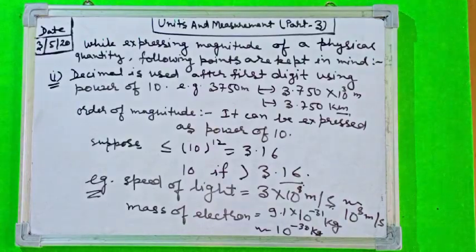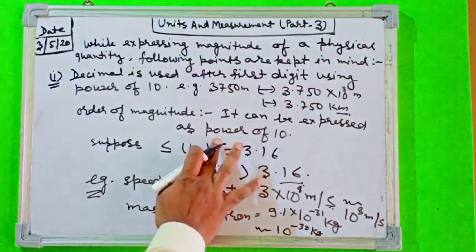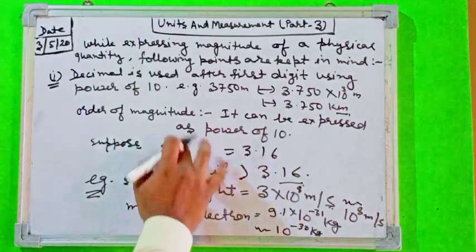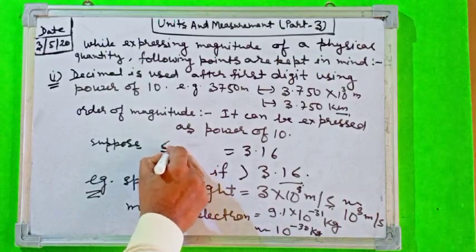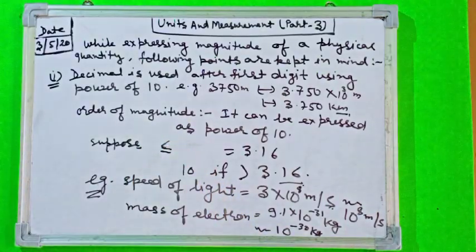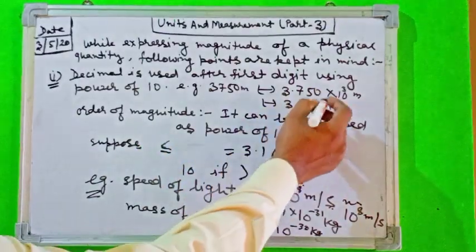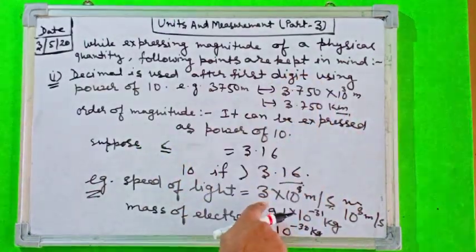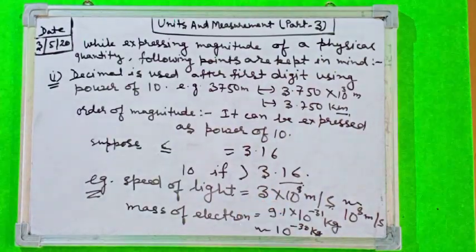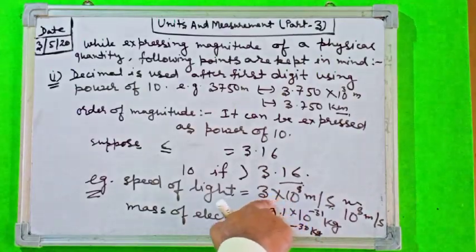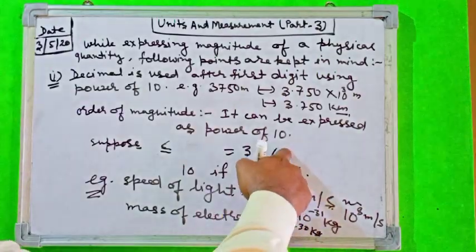Look here. If the physical quantity is, suppose, written here as 3 into 10 to the power 8 meter per second, its 3 is less than 3.16.